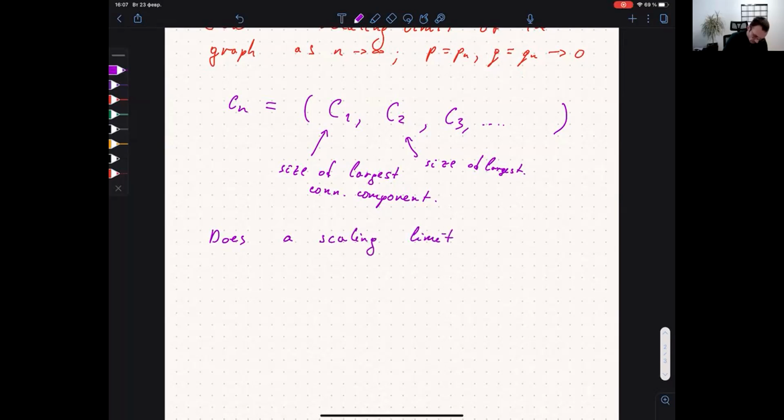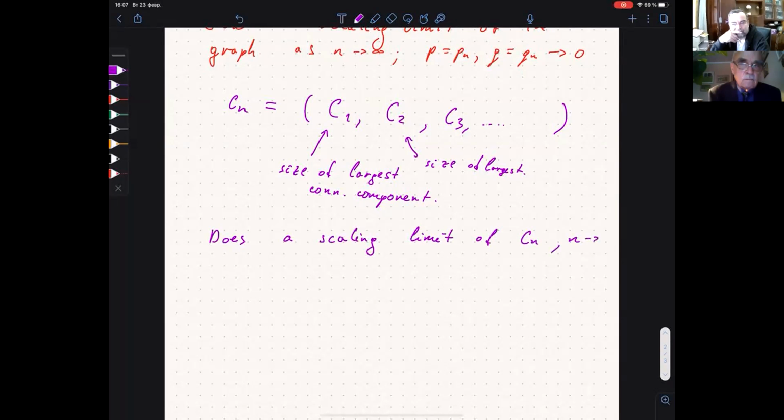I mean, we want to normalize Cn somehow and then let n go to infinity. And before I formulate the main result, I want to consider first of all some special case.